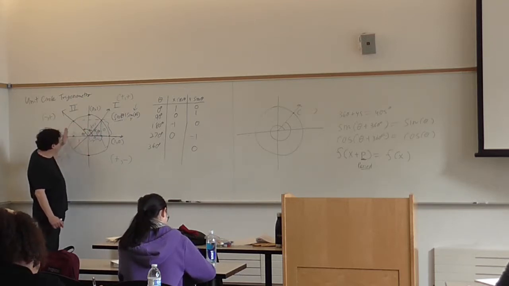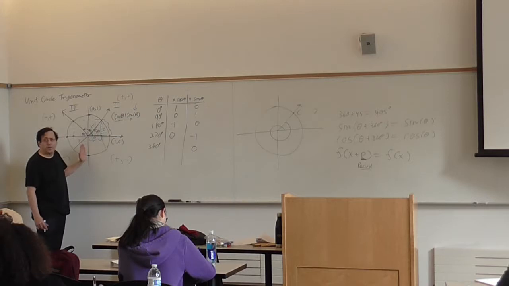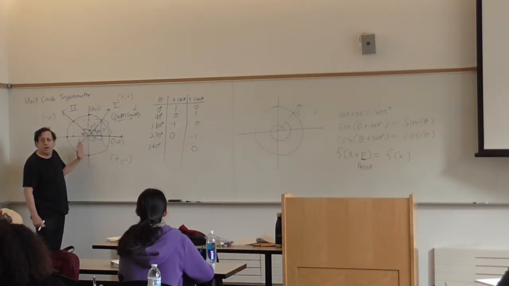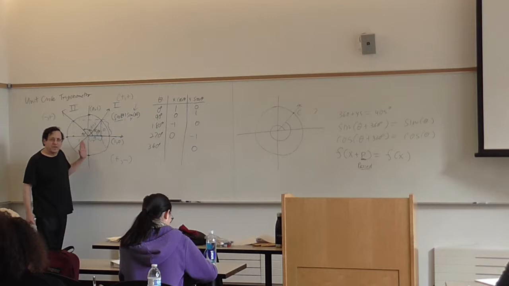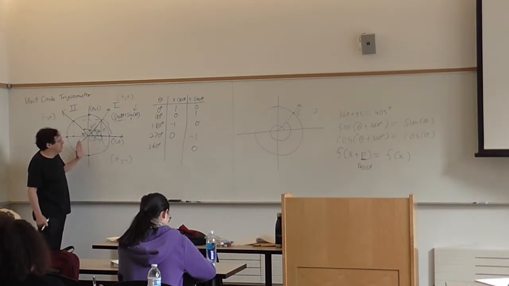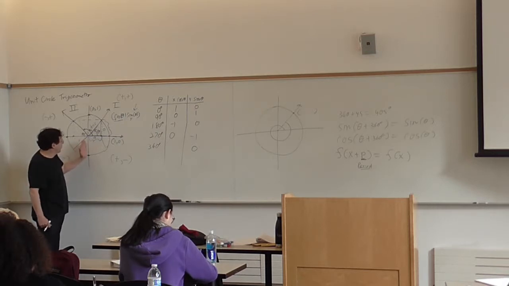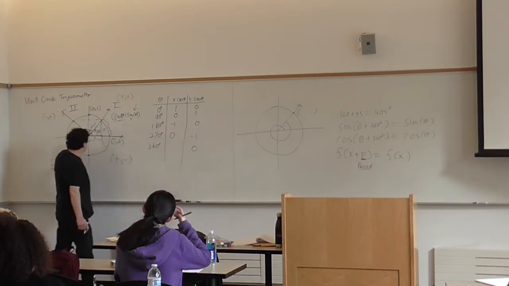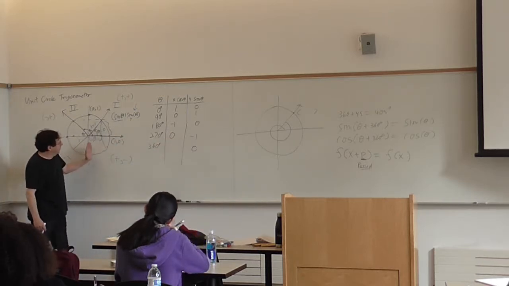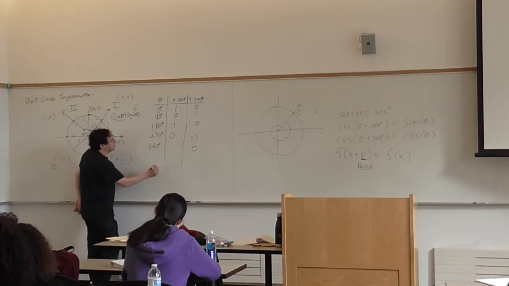Now down here, it's going to come back to what? I have it written on the board there. It's going to come back to 0, right? That's its distance from the y-axis. So the cosine comes back to 0, and then it goes back up again to 1.